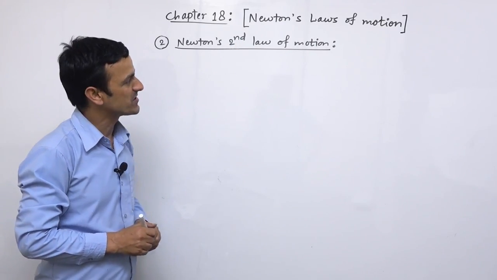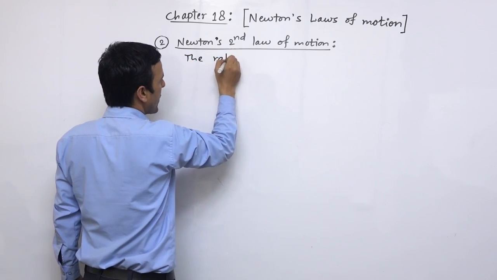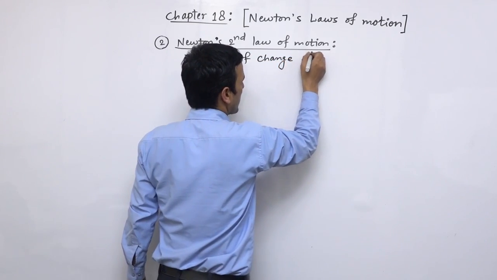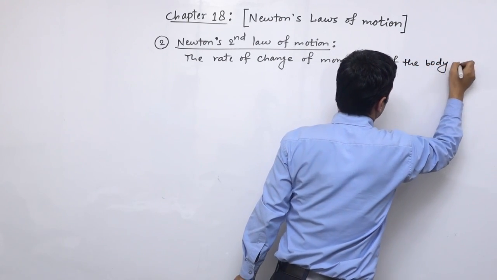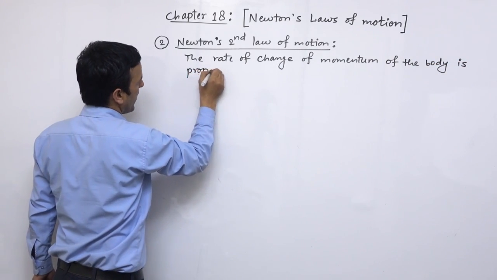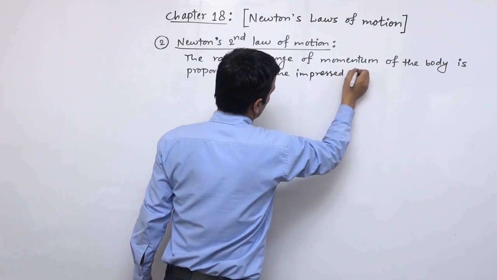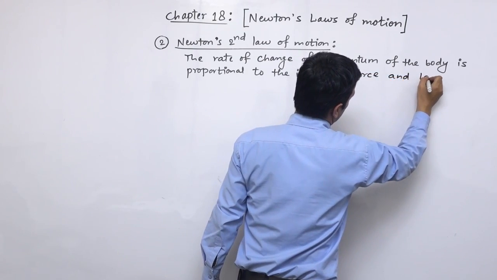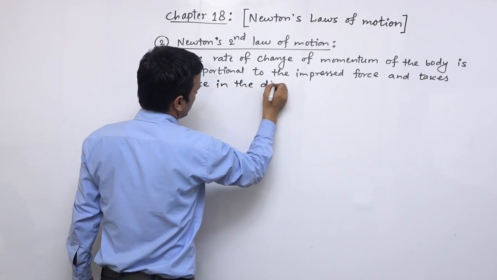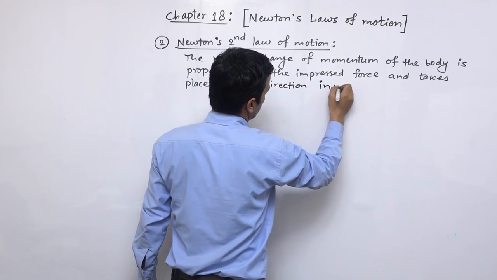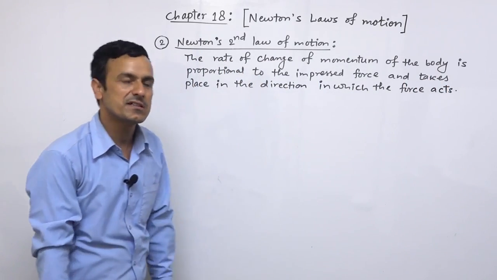According to Newton's second law of motion, we can state this law as: the rate of change of momentum of the body is proportional to the impressed force and takes place in the direction in which the force acts. So this is Newton's second law of motion.